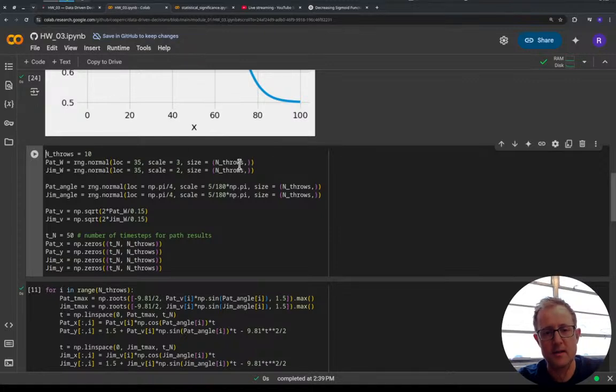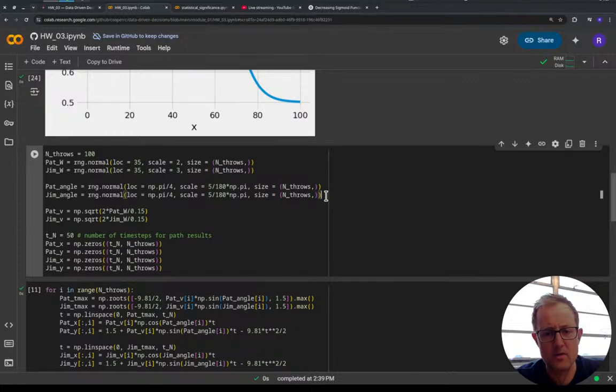So if I say that this is all going to be one session, here let's change the number of throws to 100, so we're going to compare Pat and Jim. I'm saying there's no difference in their actual average result, but let's say Pat has a little more precision than Jim, just to see how things change.